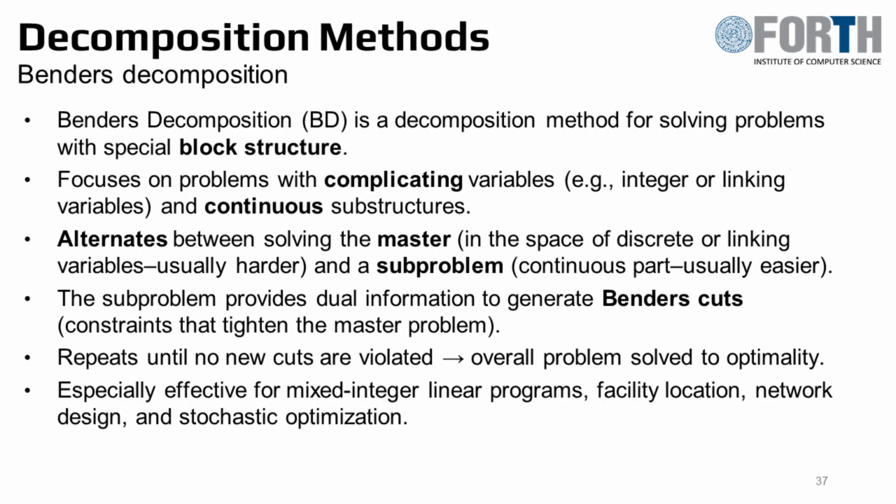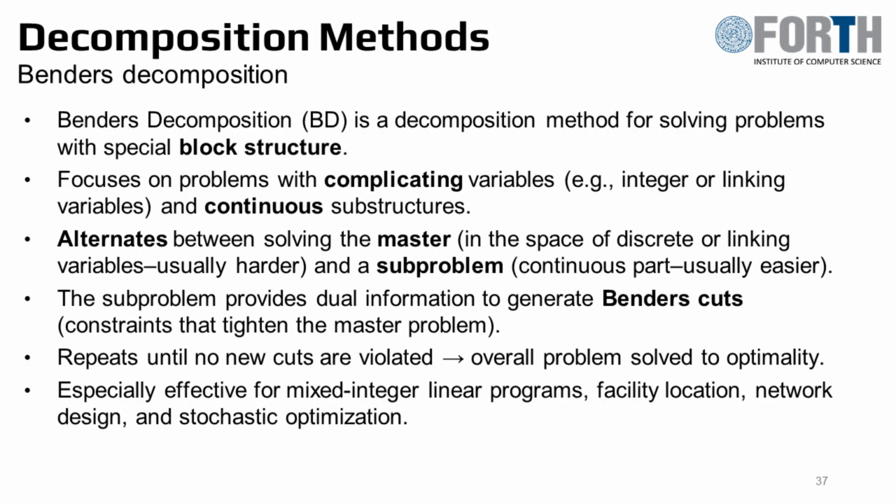The idea is to fix the complicating variables and solve the resulting problem in the remaining variables. This defines a subproblem. Instead of solving the full model directly, we construct a master problem defined only in terms of the complicating variables. The subproblem provides information about feasibility and objective value.